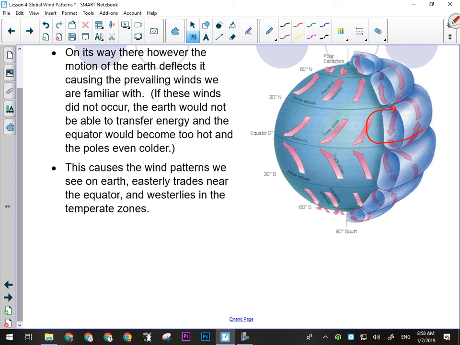But other than the movement of clouds, which isn't always going to be consistent, it's hard to see that mechanism going on within the Earth's atmosphere. But we can see it really clearly if you look at other planets in our solar system, particularly the gas giants, Jupiter in particular.